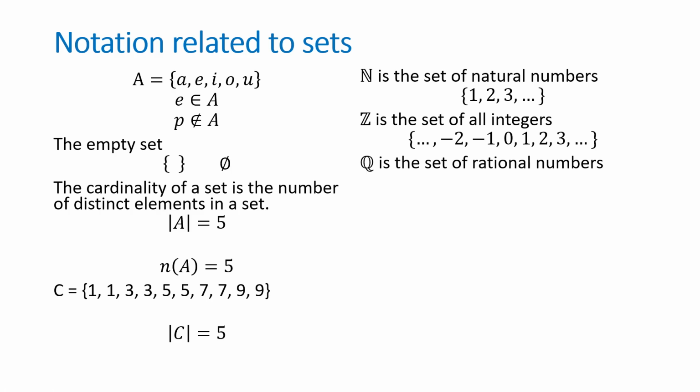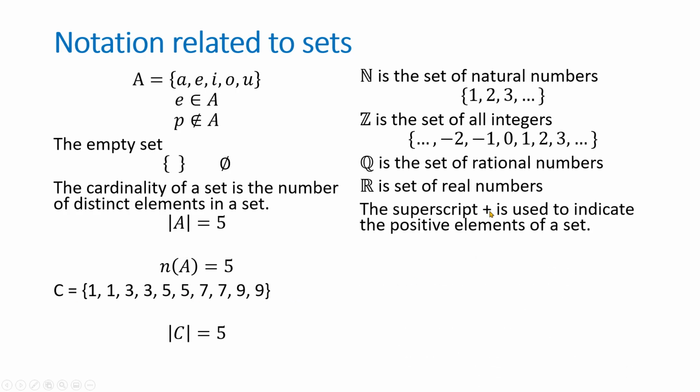And remember, rational numbers include all real numbers that can be expressed as a fraction, A over B, where A and B are integers, and the denominator, B, is not 0. And R represents the set of real numbers.